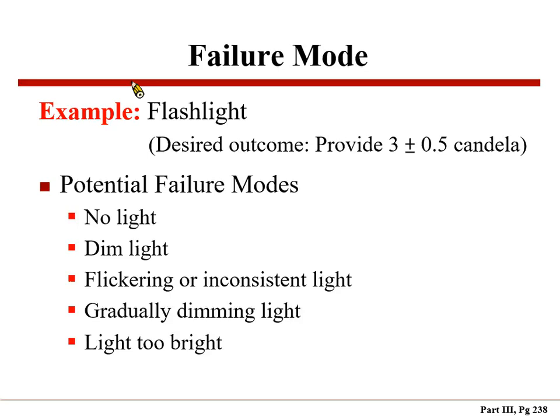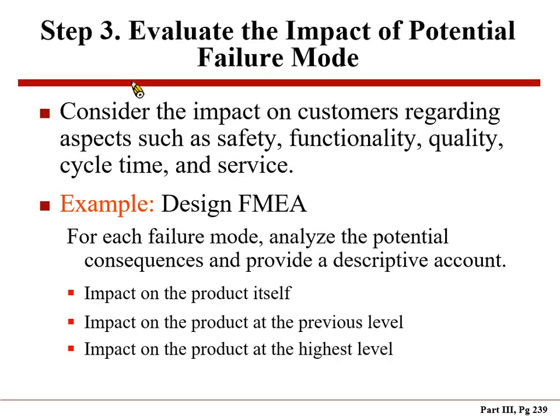Okay, so they have several potential value modes. They may have no light, dim light, flickering, or constant light, something like that. Those are potential value modes. In step 3, we have to evaluate the impact of the potential value mode. So this is an example.